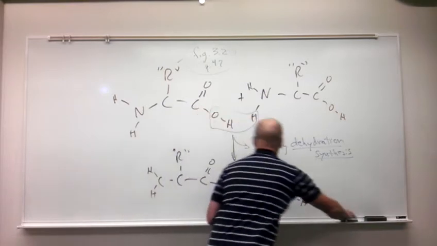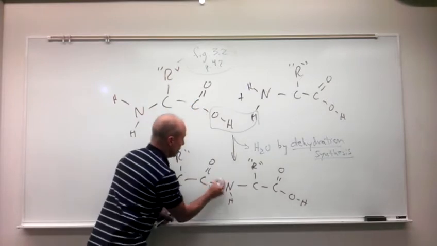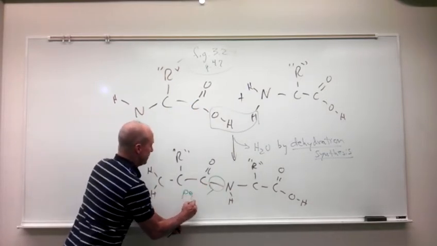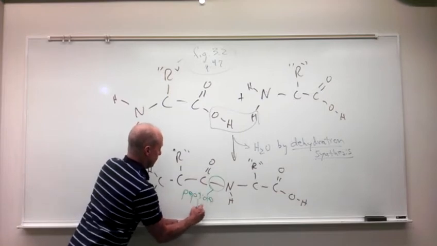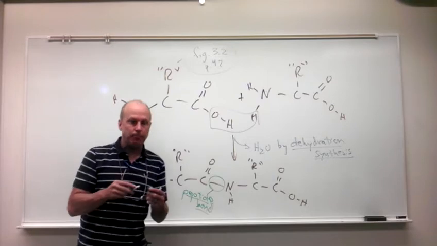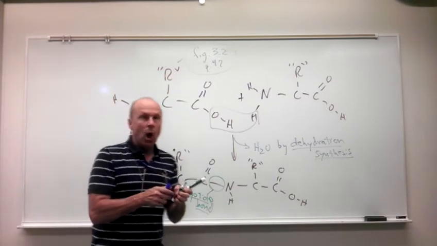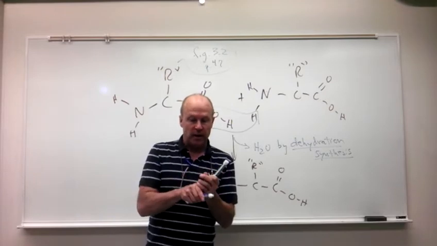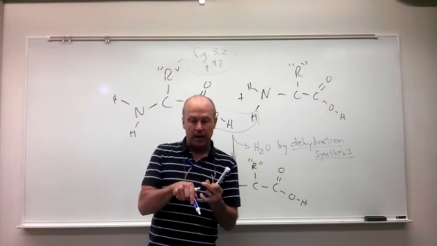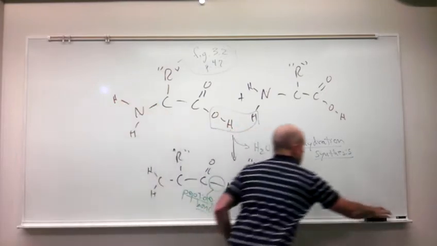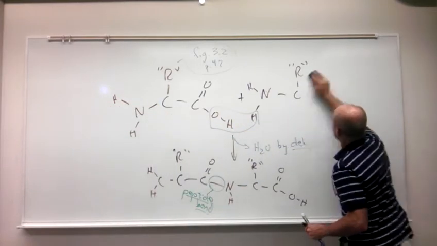And of course, this guy right here, we're going to call that something very special. This is the peptide bond. That's the peptide bond. And what we're going to do when we make long chains of these things is form something called a polypeptide. So let me erase here.